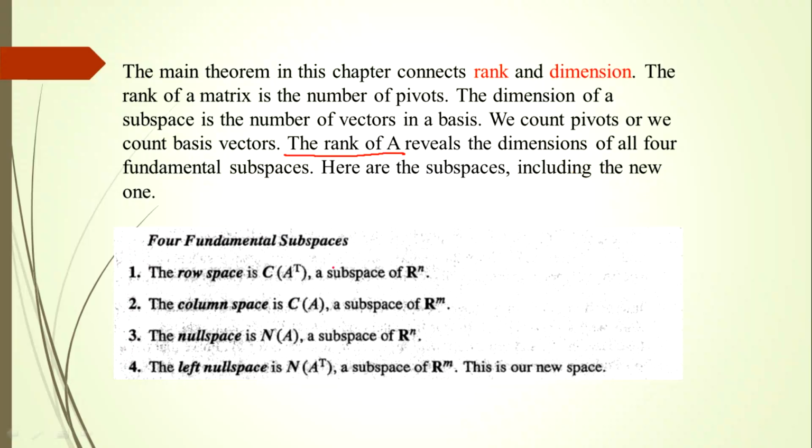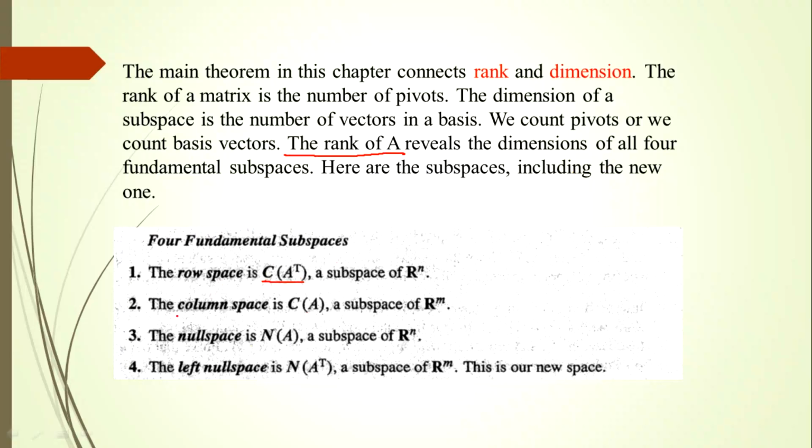Now let's look at those 4 fundamental subspaces. The row space of matrix A is the same as the column space of A transpose, right? Because the rows in matrix A are the columns in its transpose. So we look at the column space for A transpose.